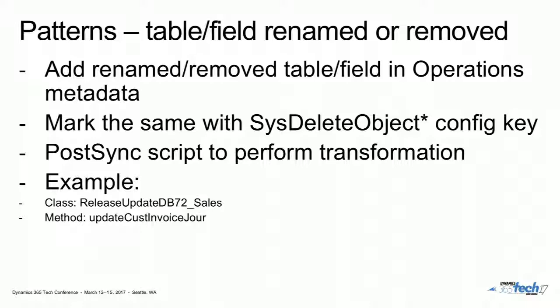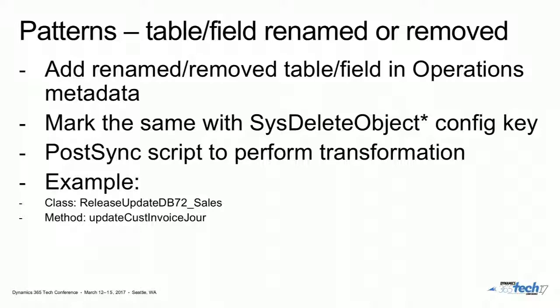I just want to show you a real-life example of how we did it in our code base. For example, I think we've renamed a field. It used to be called reverse charge, and we renamed it to reverse charge amount, right?